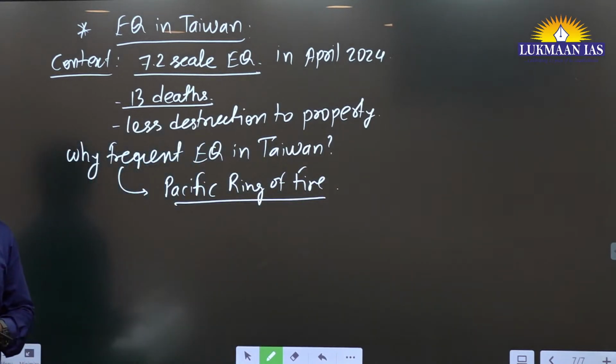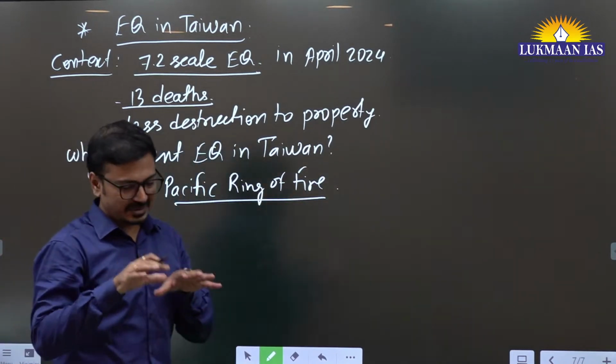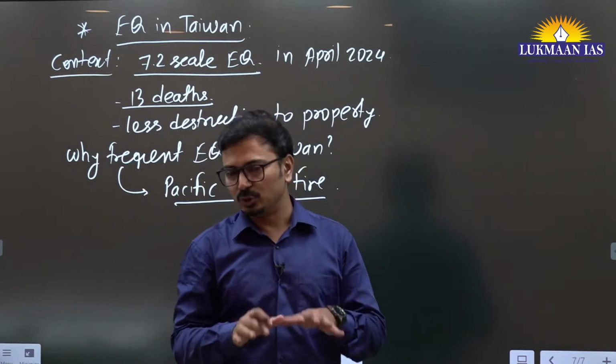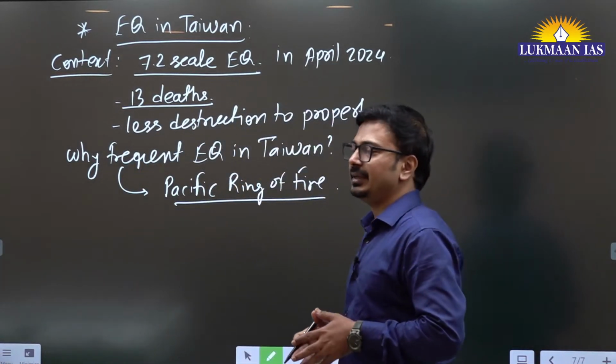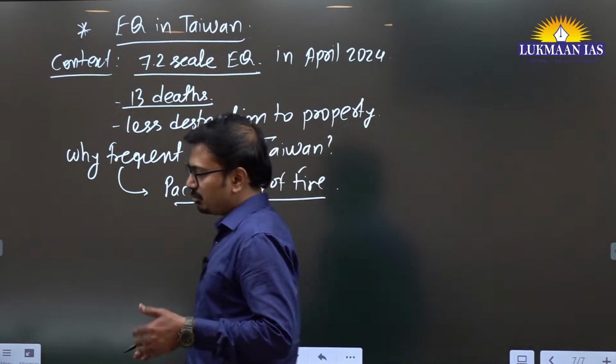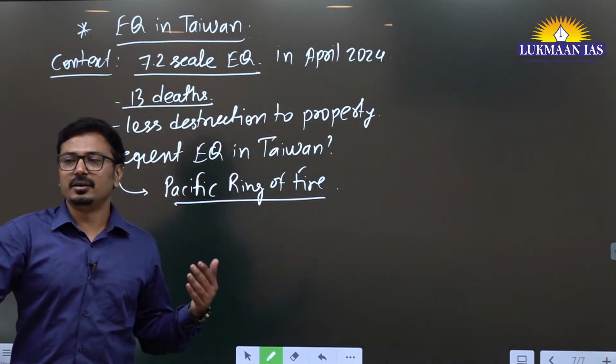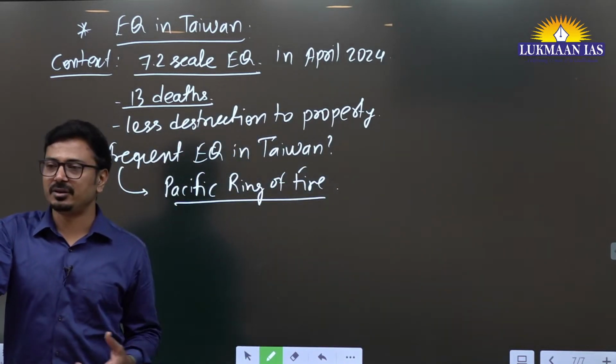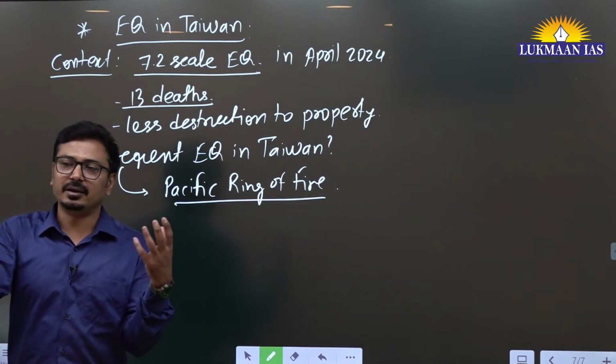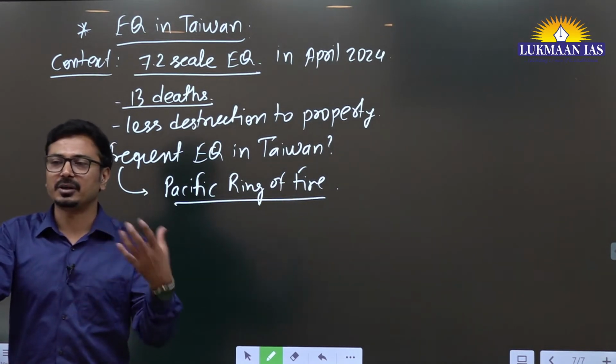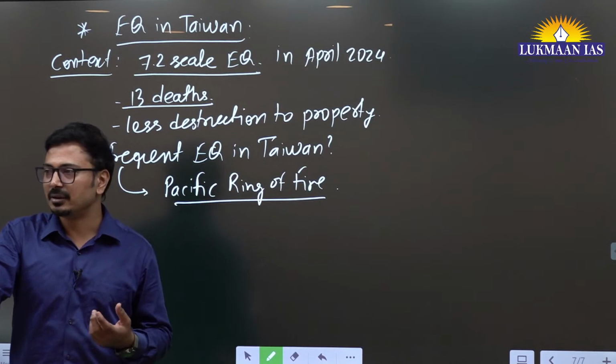So we know that there is a Pacific plate which is largely oceanic, and it is basically submerging under different plates: Eurasian plate, Philippine plate, and on that side the North American plate, South American plate, right?